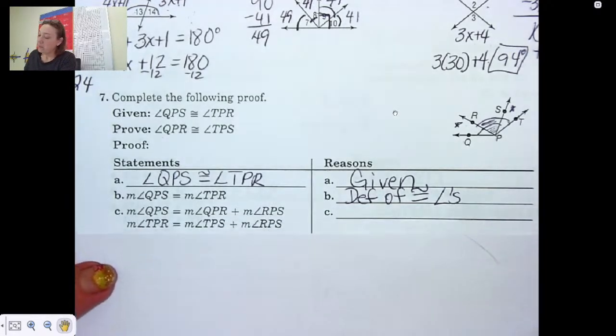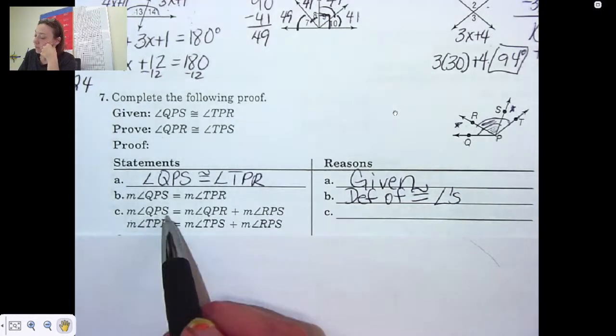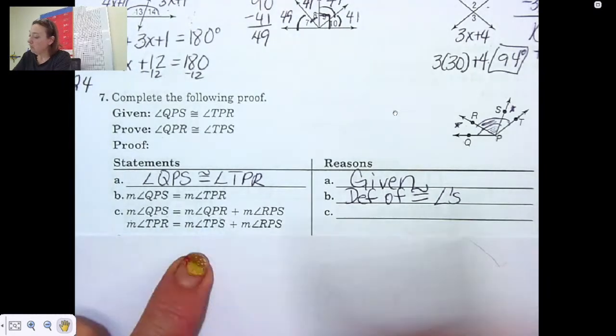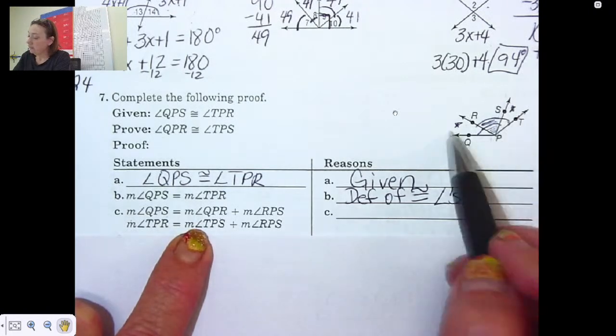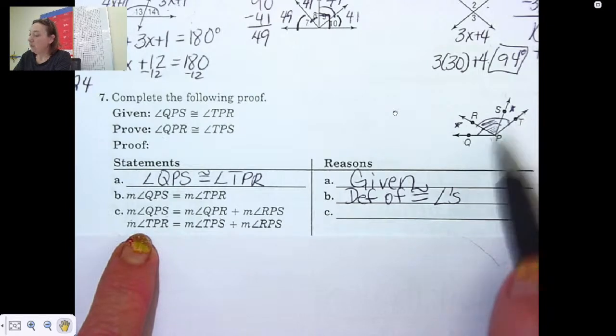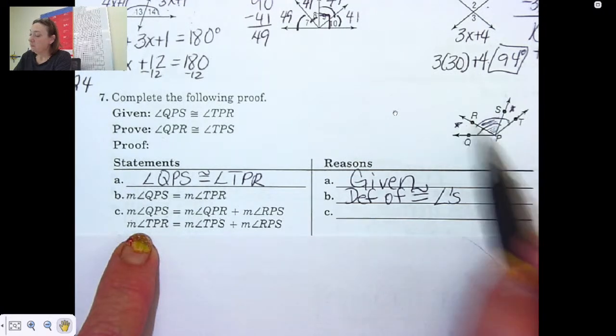Okay? Now this next one. They tell us that the measure of QPS equals the measure of QPR plus RPS. So QPR is this guy. And RPS, which is that guy. And then they tell us the same thing about the TPR angle. TPR is TPS plus RPS.